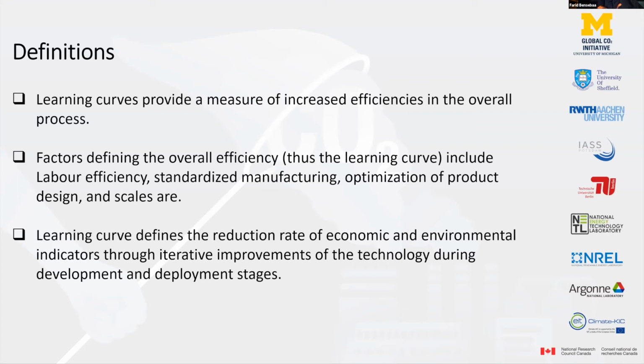There are a lot of factors that affect this efficiency, which can include labor efficiency, unit efficiency, optimization of the product design, and the scale. The learning curve basically defines the reduction rate of economic and environmental indicators. We'll come back to that point through iterative improvement of the technology during development and deployment.